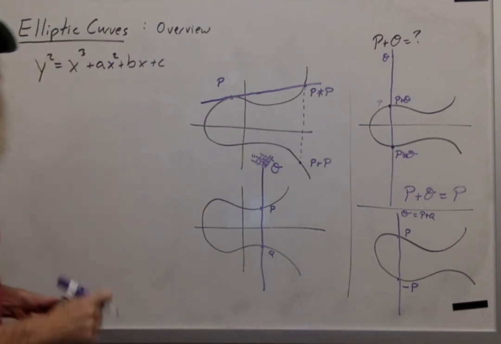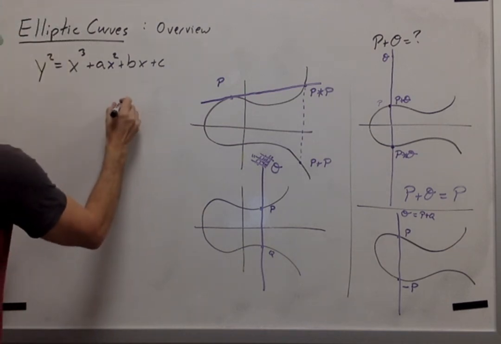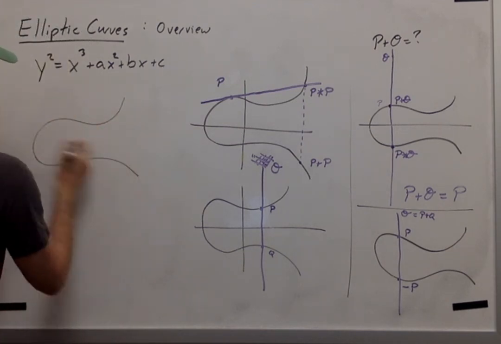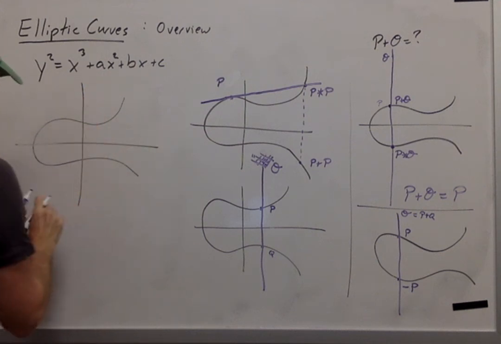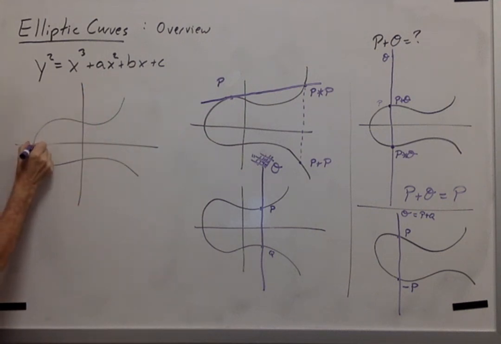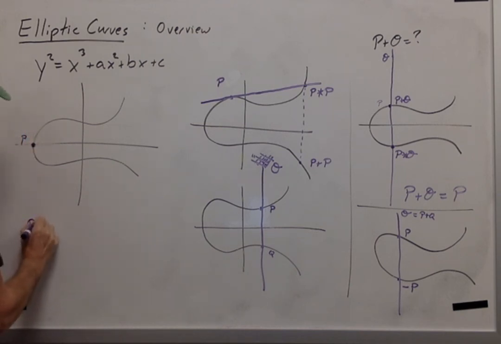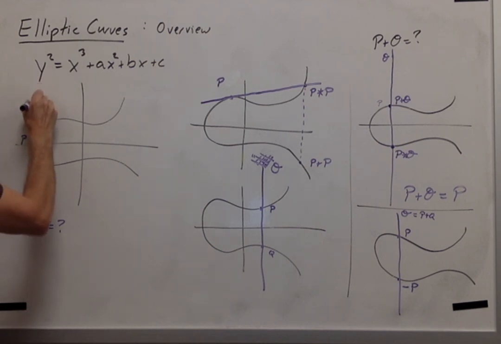And then last of all, let's say that we have a point here on the x-axis, and I want to add it to itself. But here, when you add a point to itself, we'll get the tangent line, but the tangent line is vertical.